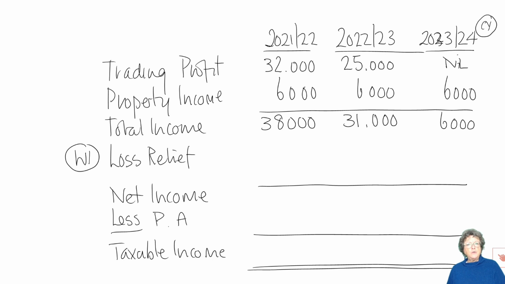And it wouldn't be beneficial to put £6,000 worth of losses in there because that loss is clearly covered by the personal allowance. You remember the rule said it's an all or nothing claim. So if we put 6,000 in there, it's really a waste of that 6,000 because it's covered by allowances.